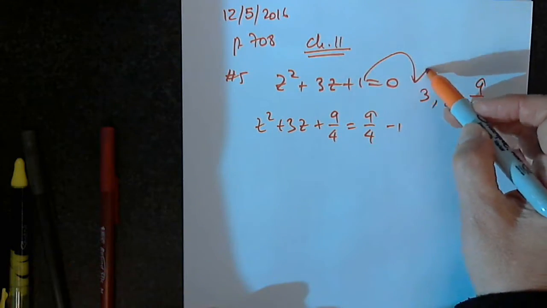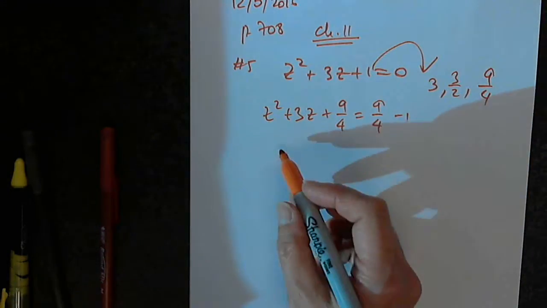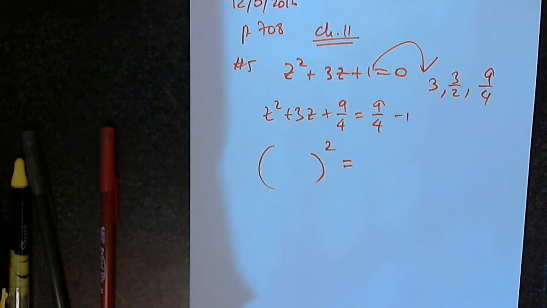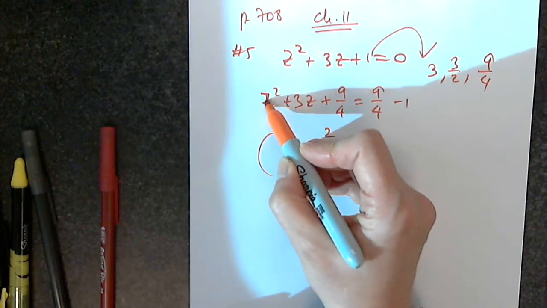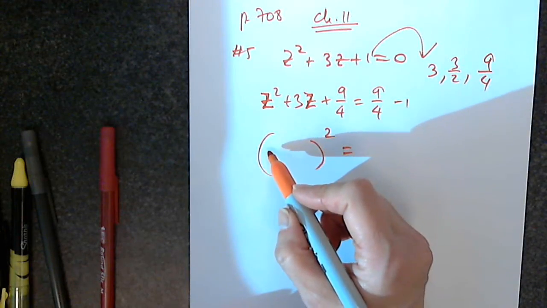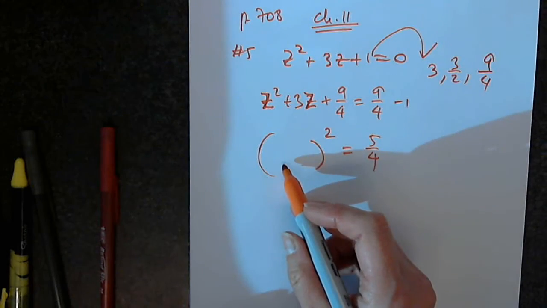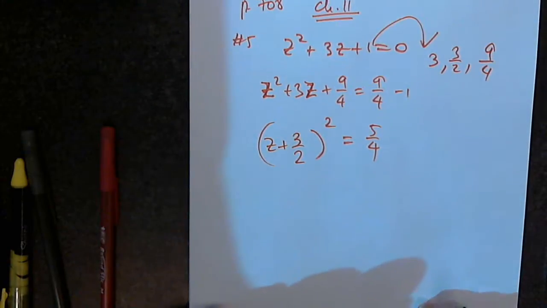Because this has to be moved to the other side. Therefore, the left-hand side becomes, very good, indeed, 5 over 4, and inside here, z plus 3 halves. Very good.